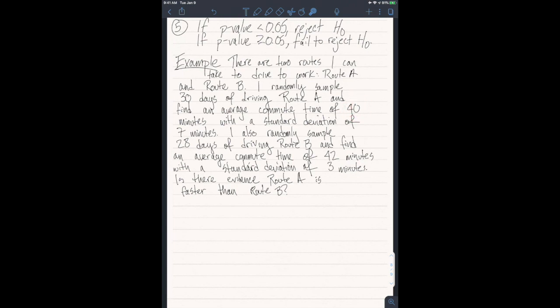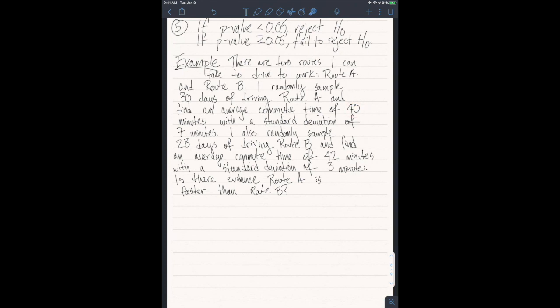And then route B, I take 28 days of driving route B, randomly sampling which days too. I want to make sure I put random in there because I don't want all 28 days to be Mondays or something like that. So I randomly sample 28 days of driving that second route, and I find an average commute time of 42 minutes.